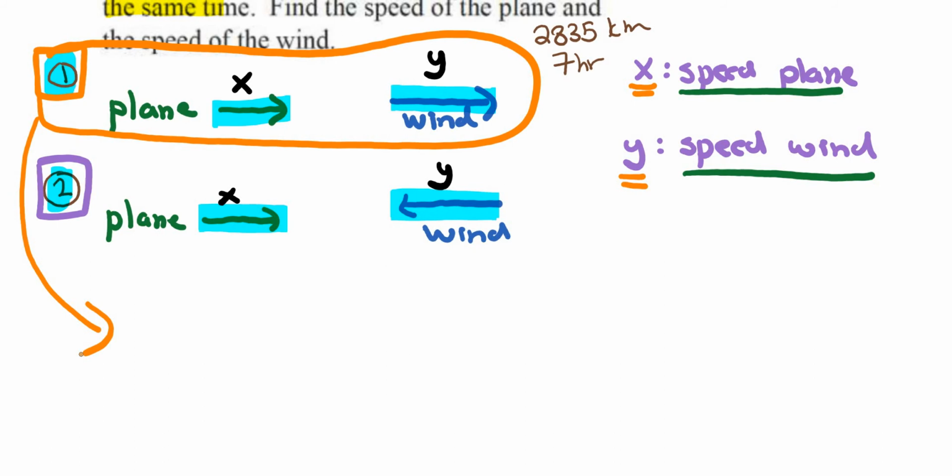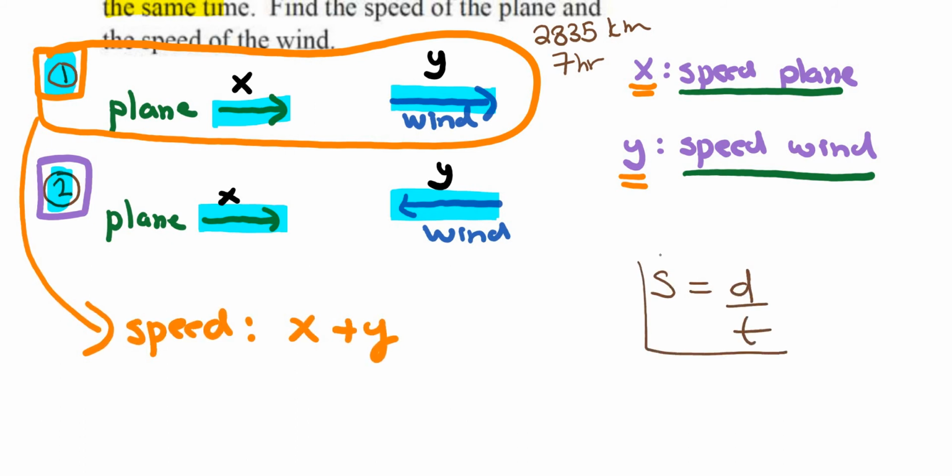The speed of the plane and the speed of the wind. So the total speed of scenario number 1 is really x plus y, because the plane and the wind are going the same direction. Now, in order to set up the equation, in physics class, speed is really your distance over time. Speed is distance over time. So I know my speed is x plus y, so my equation should be x plus y is my speed. Now ask yourself, what is the distance?